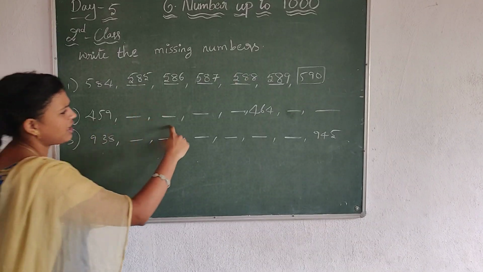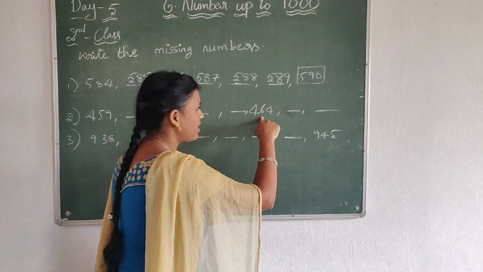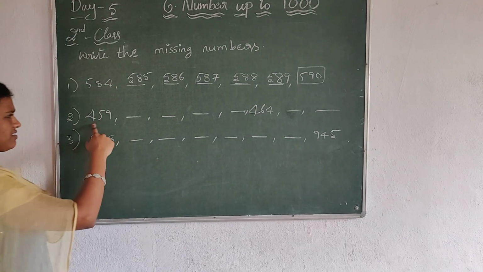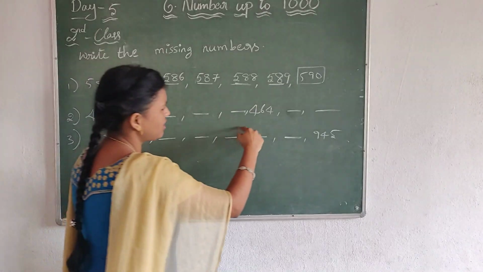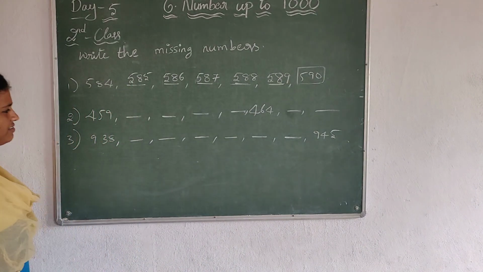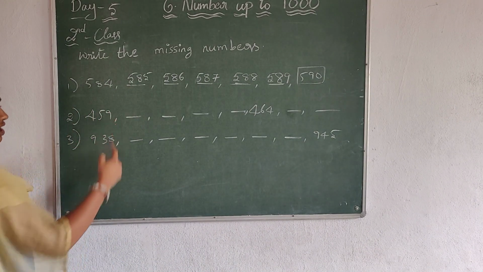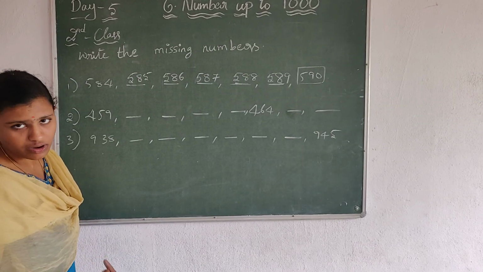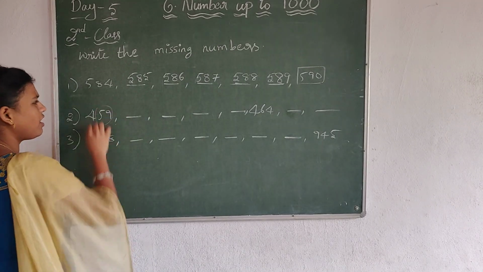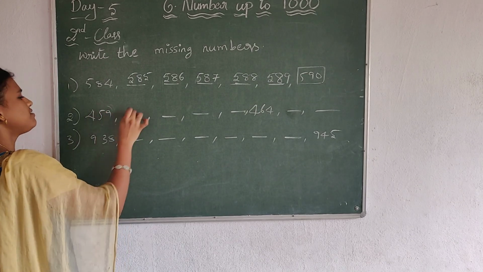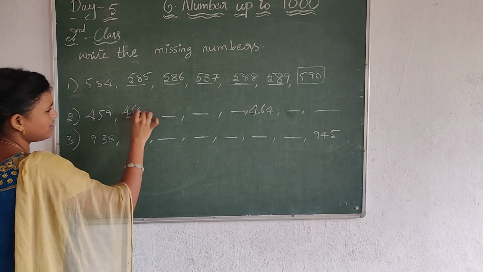Let's see the second one. 459, dash, 464, dash. Complete this series. After 459, if we add plus 1, we get 460. 400 plus 60 is 460.